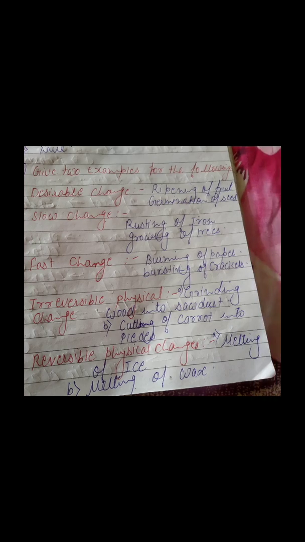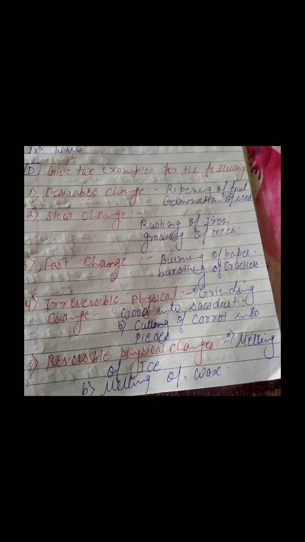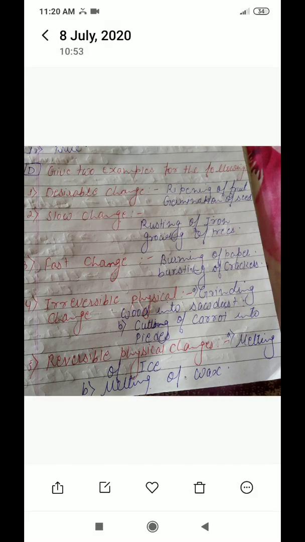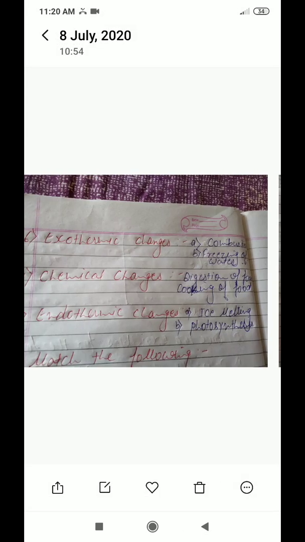Because once we have cut that carrot, we cannot make it a complete carrot once again, right? The next is reversible physical change, that we can reverse back, which we can get back. One is melting of ice, the second is melting of wax. Both are reversible changes, we can do it so many times, okay?